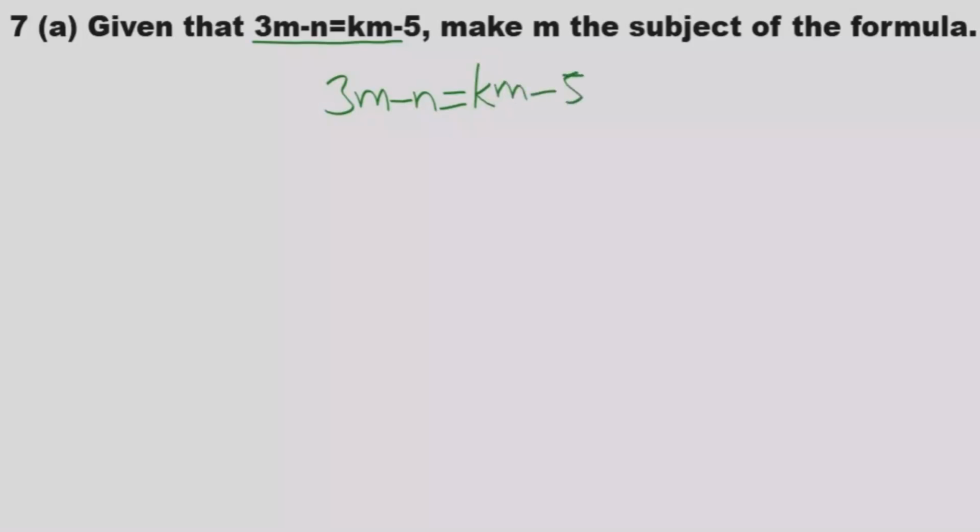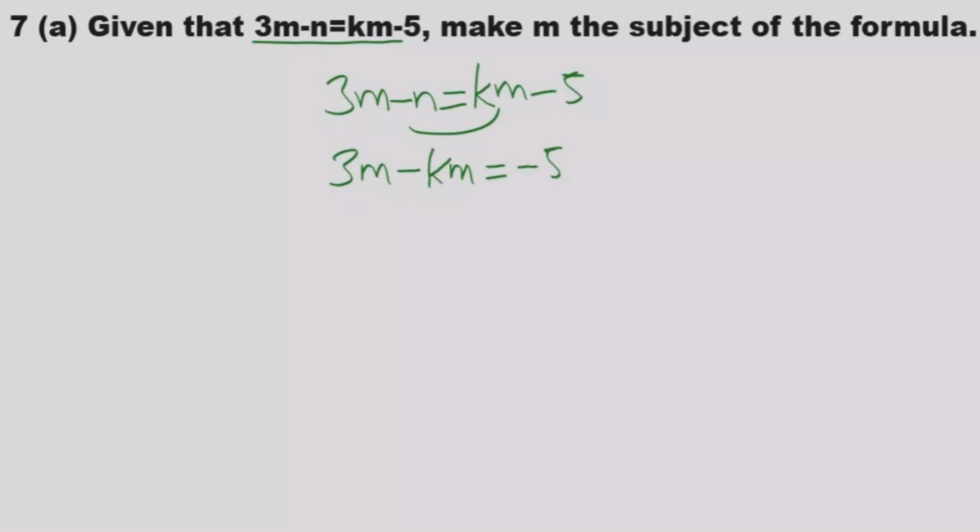Okay, so the next step is we put like terms together, those terms that have got m. Remember, we want to make m the subject of the formula, so it's important that we collect every term that has m to one side of the equal sign. So that means we're going to have 3m, then this will cross the equal sign and become minus km, which is equal to negative 5.